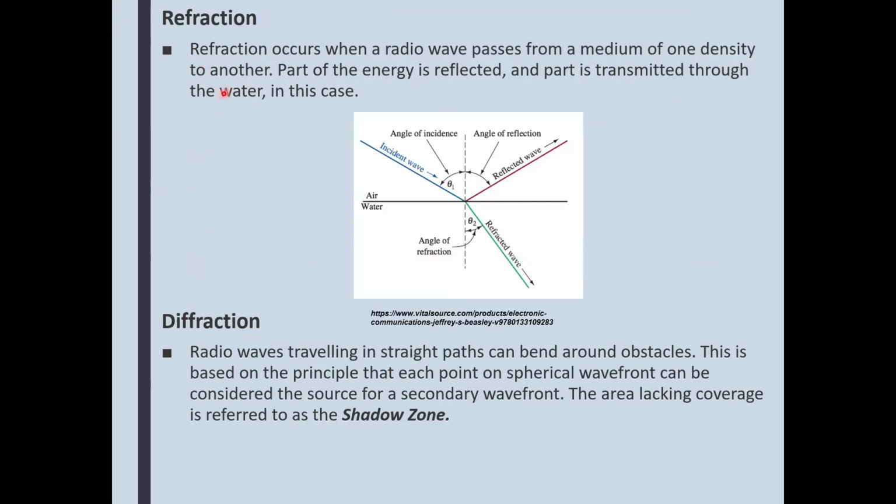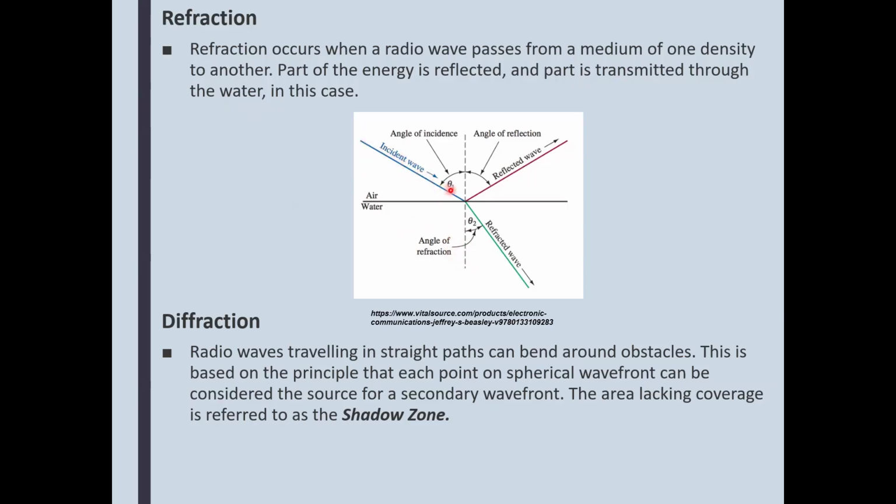Refraction. Refraction occurs when the radio waves, and we're talking about the radio waves now, pass from a medium of one density to another. Part of the energy is reflected, and part of it is transmitted through, for example, the water, if it enters from the air to the water.